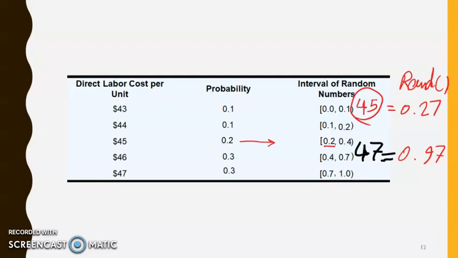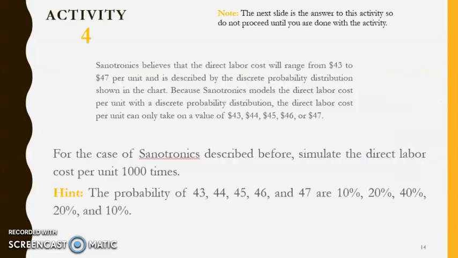In activity 4, you are asked to do the same challenge as with normal distribution and uniform distribution. It asks you, regarding the Sanatronics case, to create the associated random numbers.